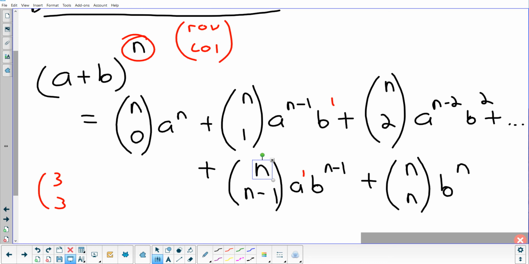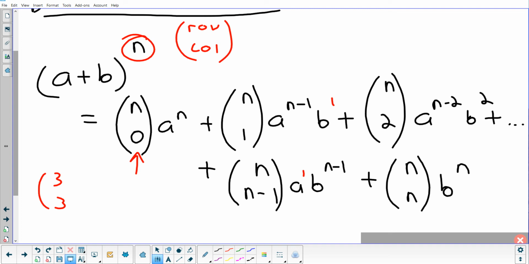And then your last term, now you're finally in the same row and column. That's the end. Row 3, column 3, all the way on the right. The exponent on the a has dropped to a 0, and the exponent on the b has increased to its maximum, which is n. So it's a little confusing to write it generically, but it's the same pattern you've been doing.